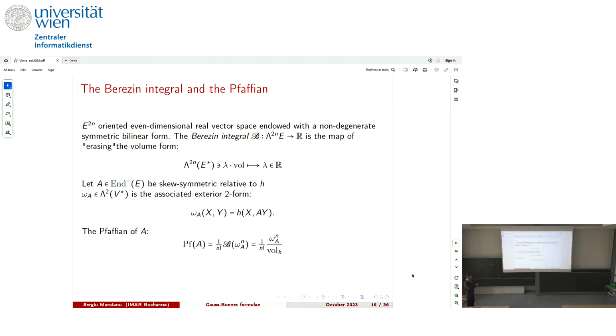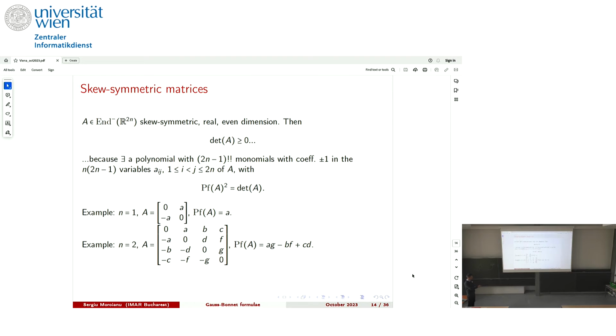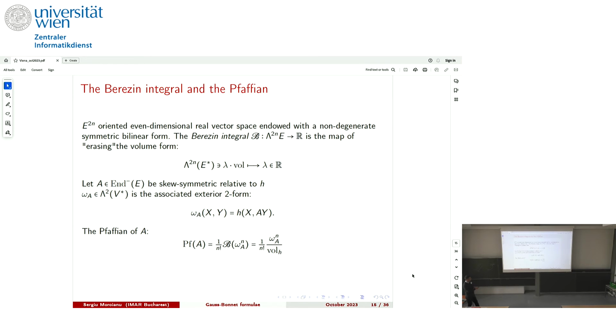Okay, and we get the formulas I had on the previous slide. Namely, if you do the exercise for n equal 2, you will just get Ag minus Bf plus Cd. So the ingredients are taking powers in the exterior algebra and then erasing the volume form. What is nice is that everything is invariant and has no indices.